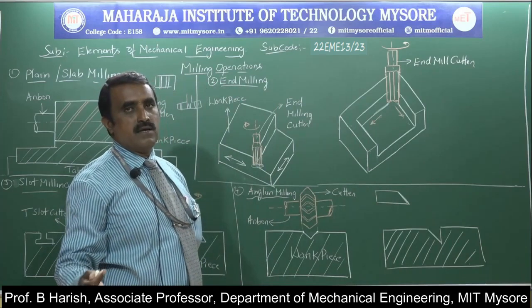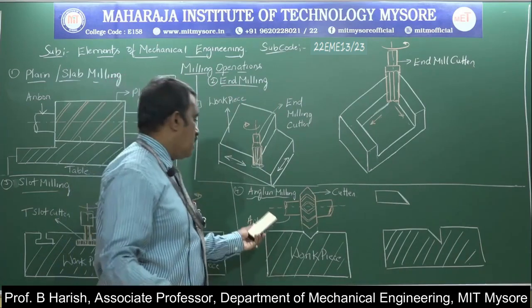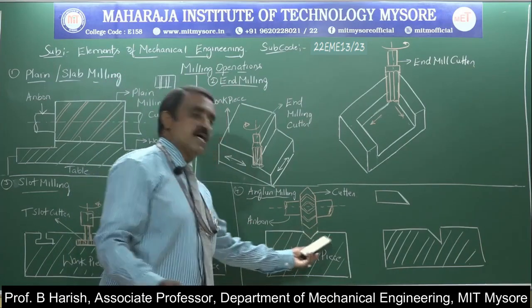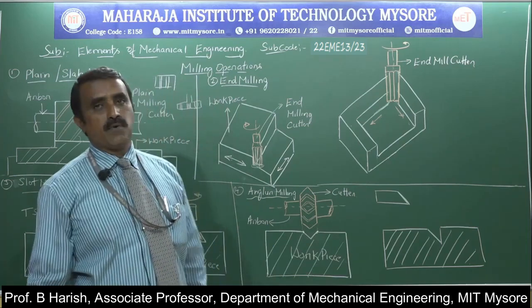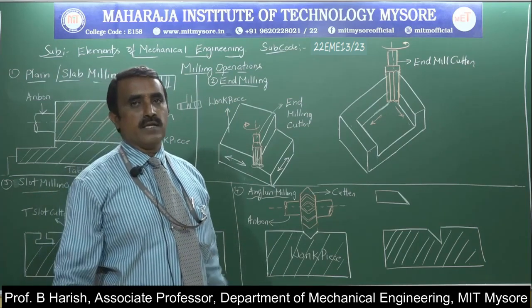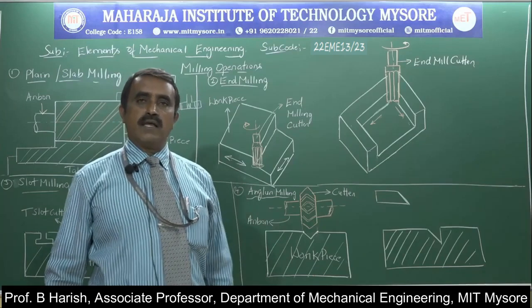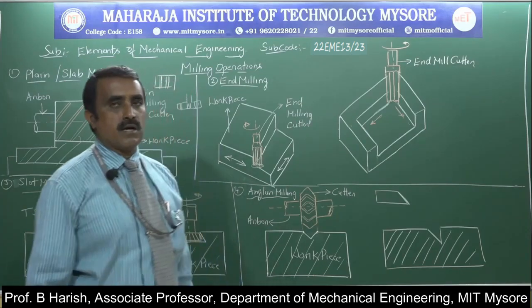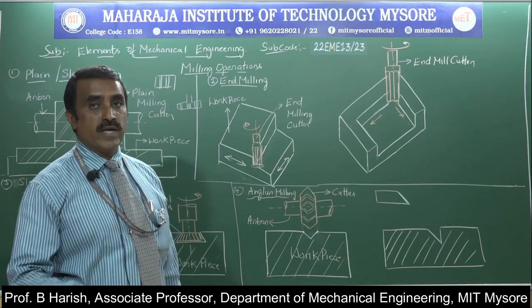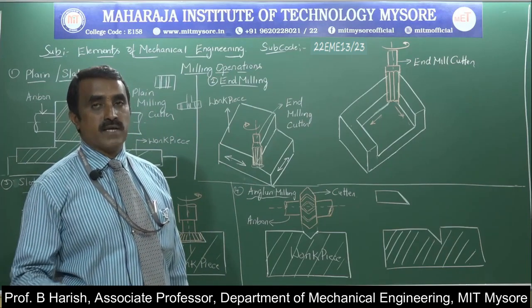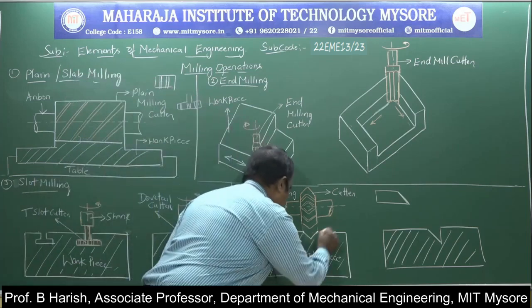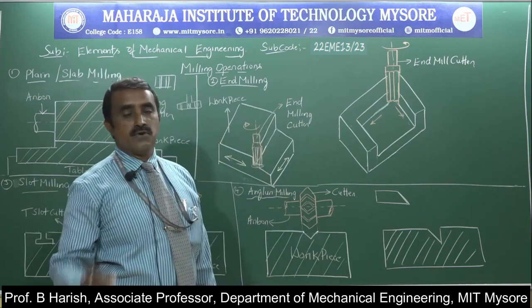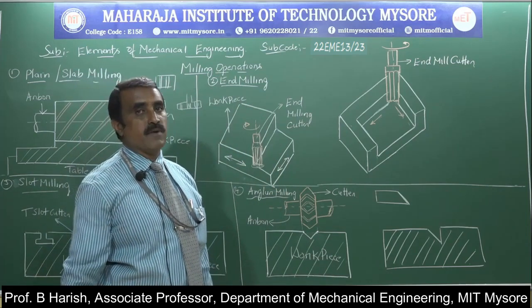Then we go for angular milling, or cutting a V-shaped notch. Angular milling is an operation performed on a milling machine to get angular surfaces or a V notch. A V notch is in the shape of the alphabet V.